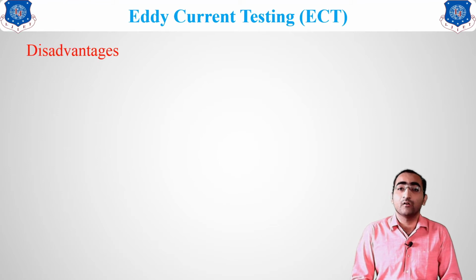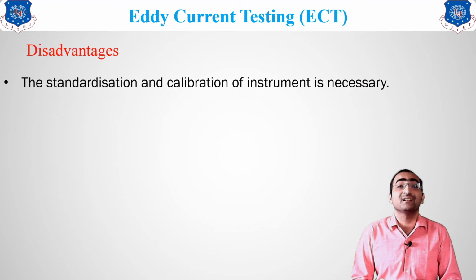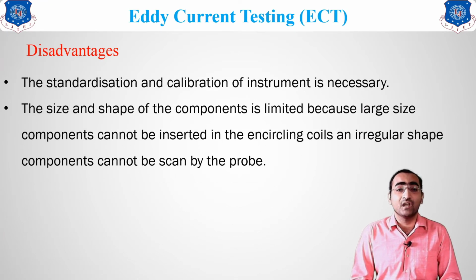But there are also many disadvantages. Standardization and calibration of the material must be done. The size and shape of the component is limited, because we cannot use very large components or irregularly shaped components. Why?